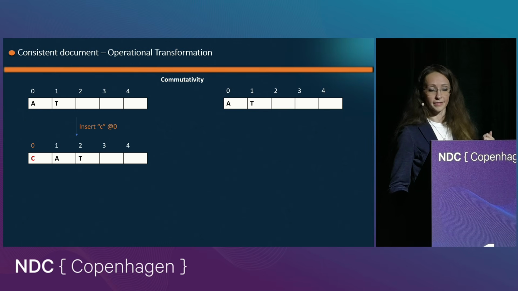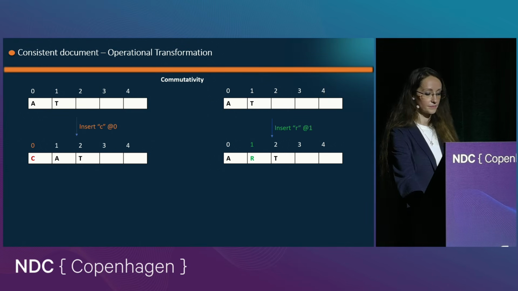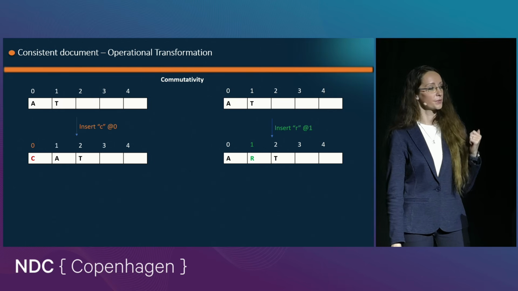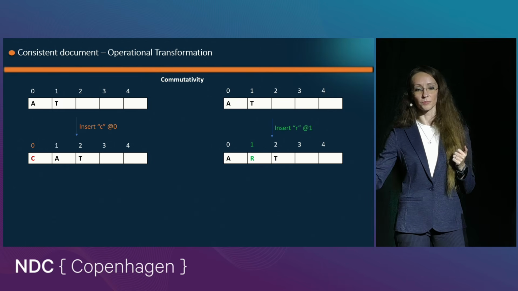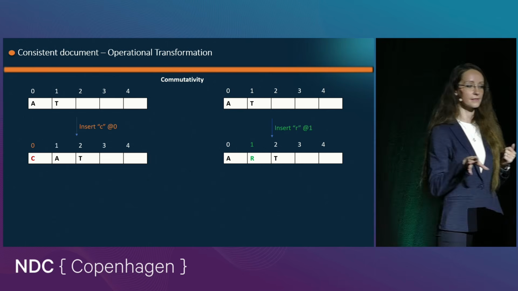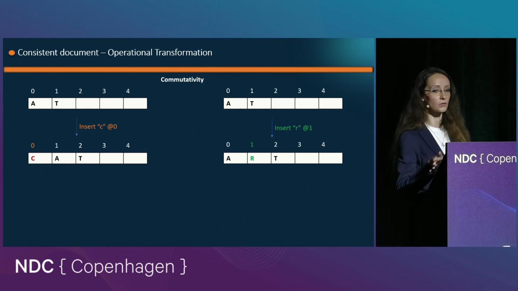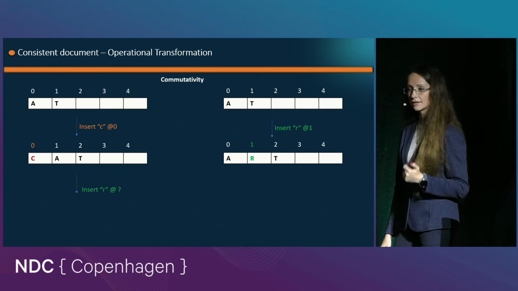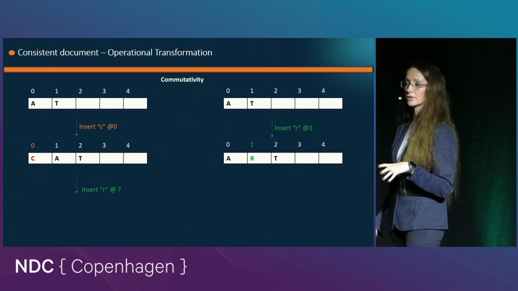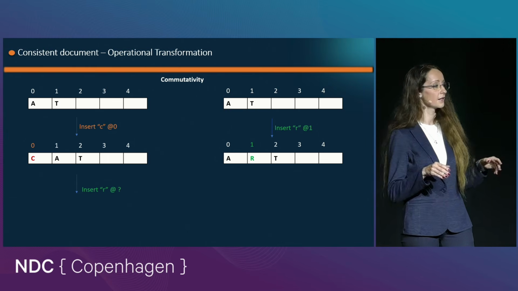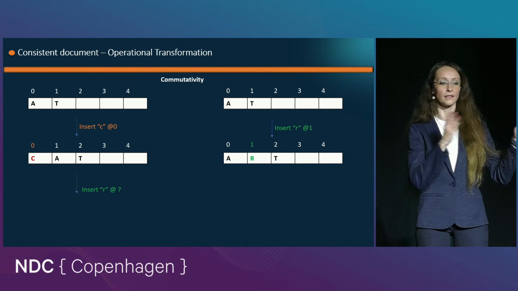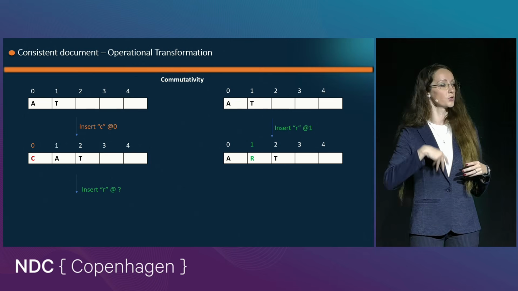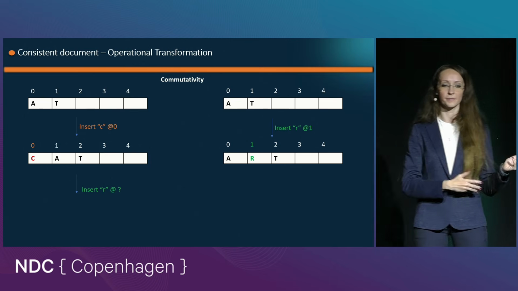User 1 inserts C on position 0 to end up with a cat. The other user inserts an R on position 1 to end up with an art. Previously, we have seen that the position doesn't change. This time, with our rules, with our algorithms, we check where exactly we need to insert R. To answer this, we looked at a bunch of other things, like the total length of the string, the left and right position of the previous characters where we are making the insert, if the operation was already applied, the timestamps, and everything.